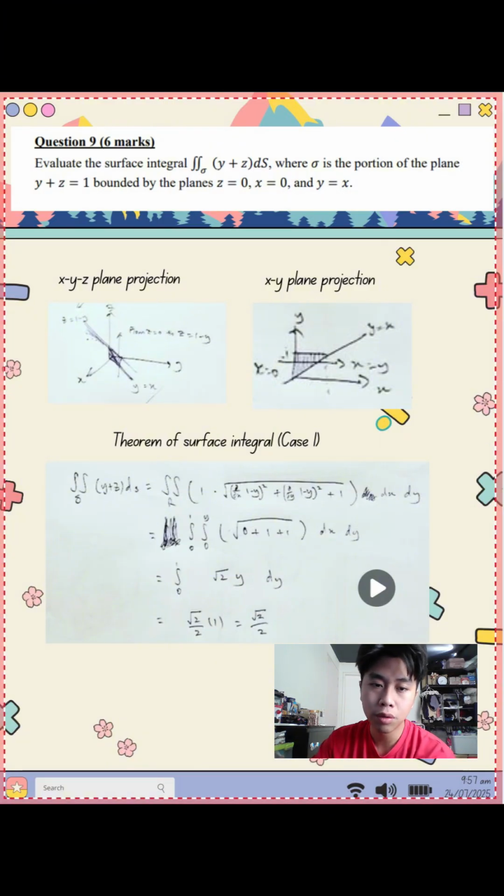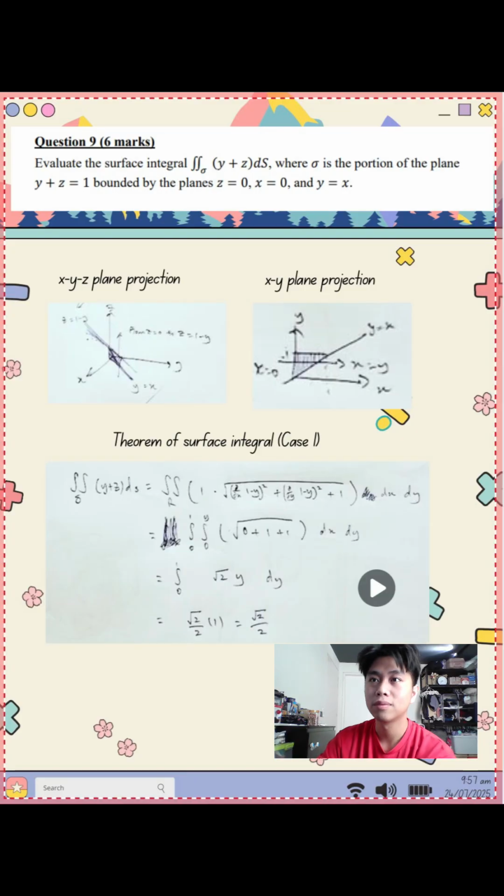I write the equation as 1 times the expression, but the 1 actually comes from y + z = 1, so I just replace the 1 with y + z, which makes everything simpler. I also put in the range. First I solve dx, then I solve dy. After the calculation, I get √2/2, which is the final answer. So I hope you all understand this.